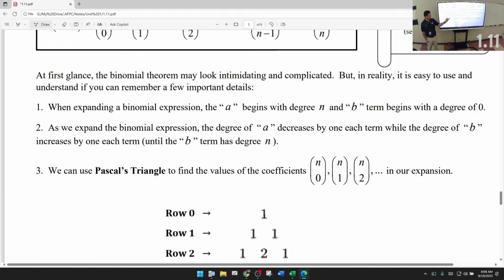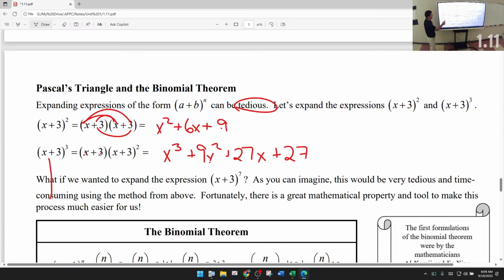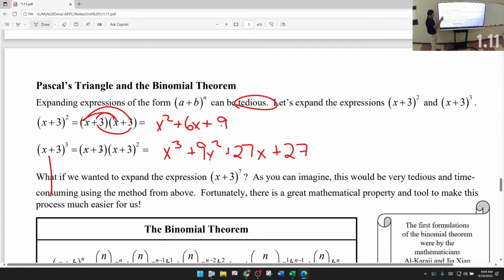When expanding the binomial, A begins with degree n. B begins with degree 0. That you need to know. Let's go back. A begins with degree n. A begins with 2.